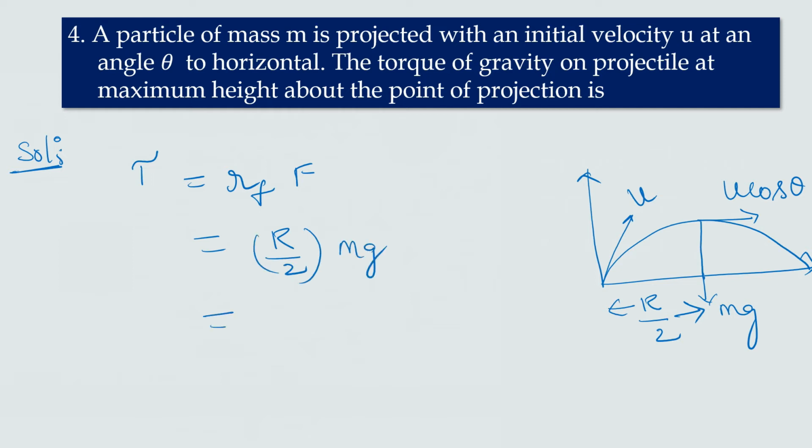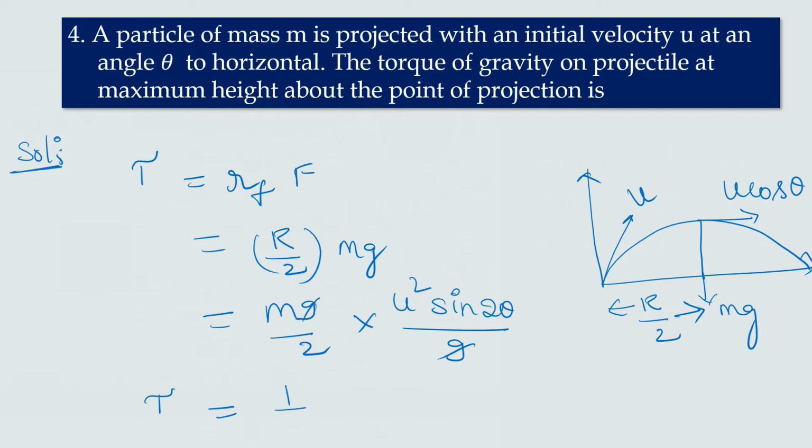So that is equal to mg by 2 into R, nothing but u square sin 2 theta by g. g gets cancelled. Tau, the torque of gravity on the projectile, is equal to half m u square sin 2 theta. Okay. Next we will go to the next.